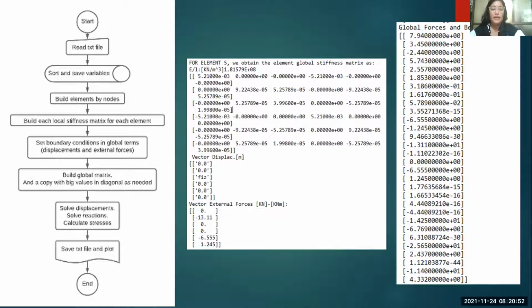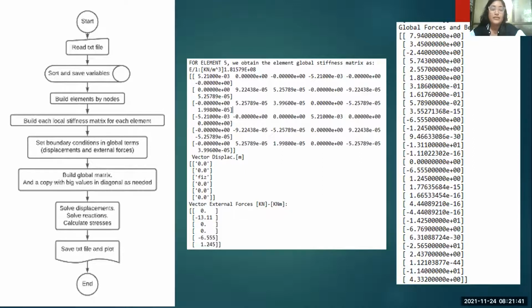The program has many libraries to resolve the calculation methods, with various procedures: the algorithm finds the matrix for each element, prepares the global matrix, inverts the matrix to find the global displacement, and later the external force.